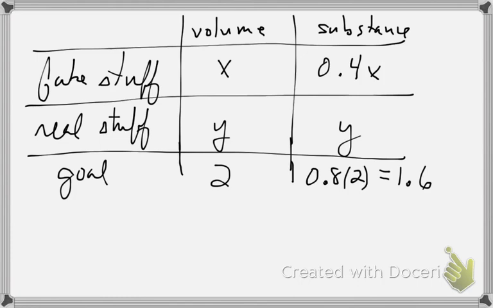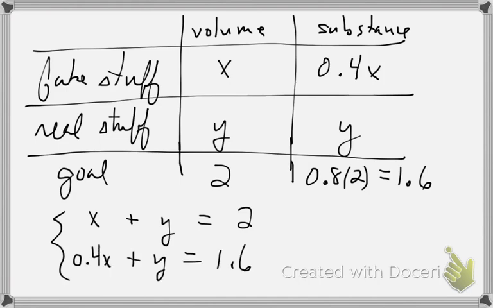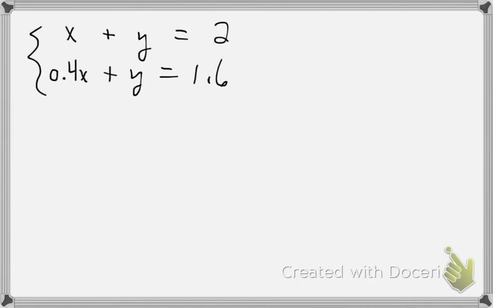Then what are my equations? x plus y equals 2, and then 0.4x plus y equals 1.6. How should we solve this?